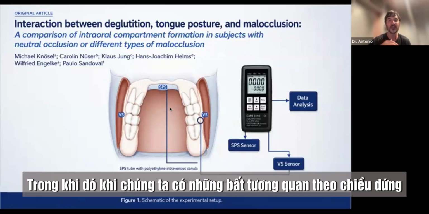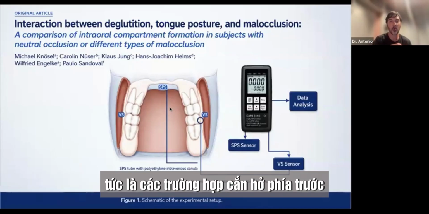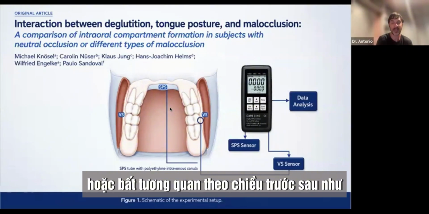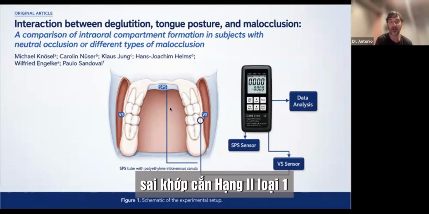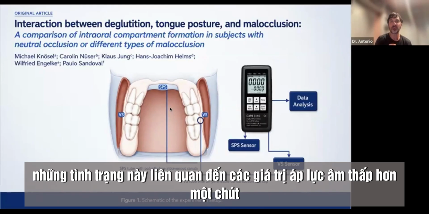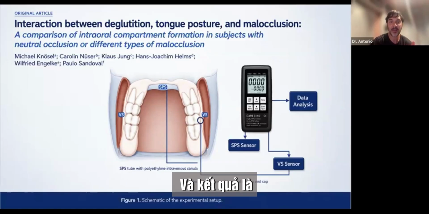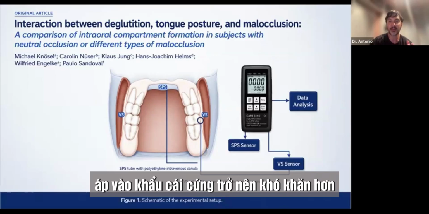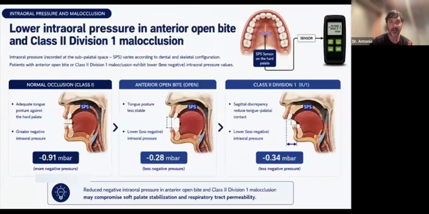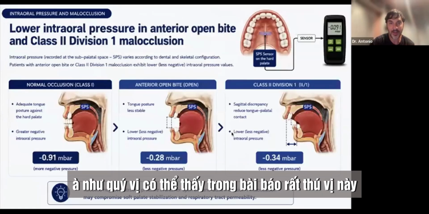When we have vertical discrepancies, like anterior open bite cases, or sagittal discrepancies like class 2 division 1 malocclusion, these situations are associated with slightly lower negative pressure values, and as a result, stabilization of the tongue against the hard palate becomes more difficult.